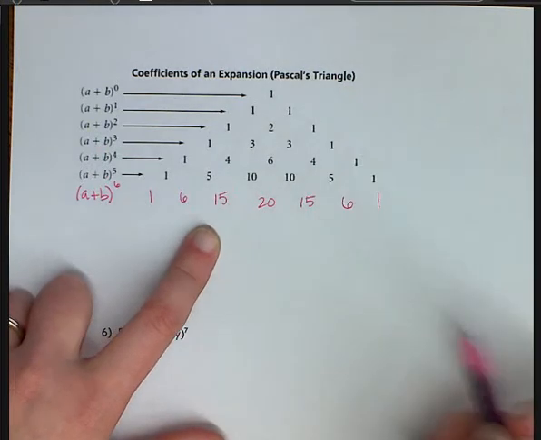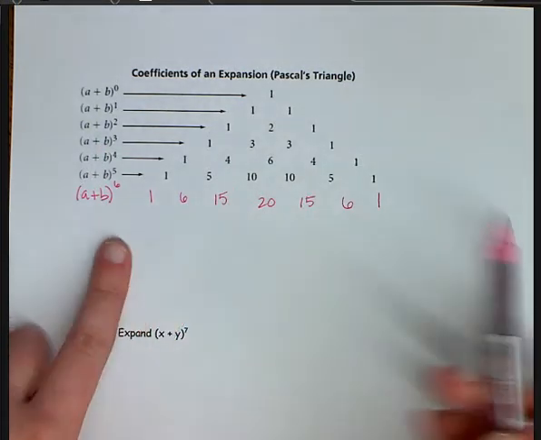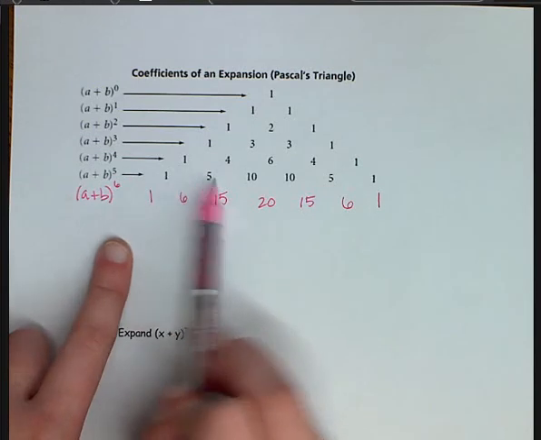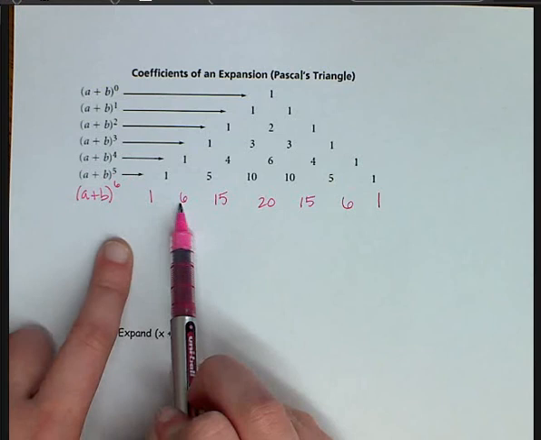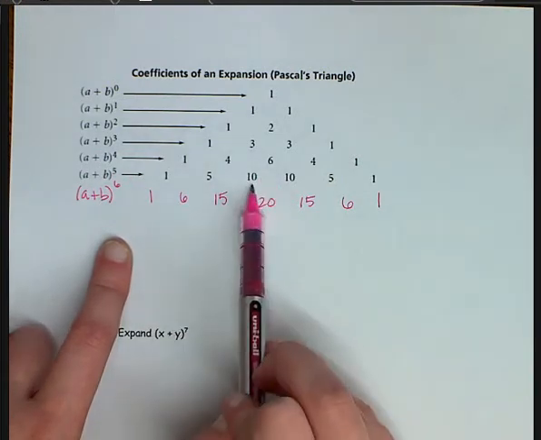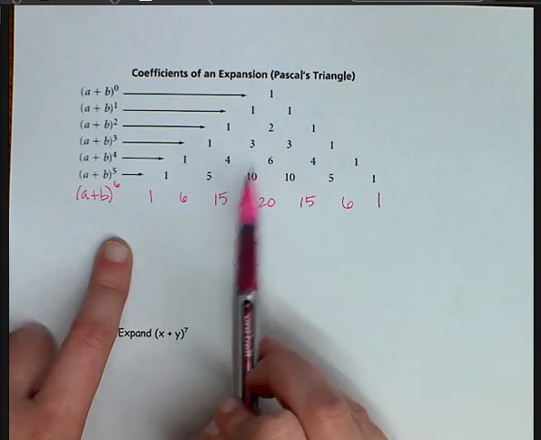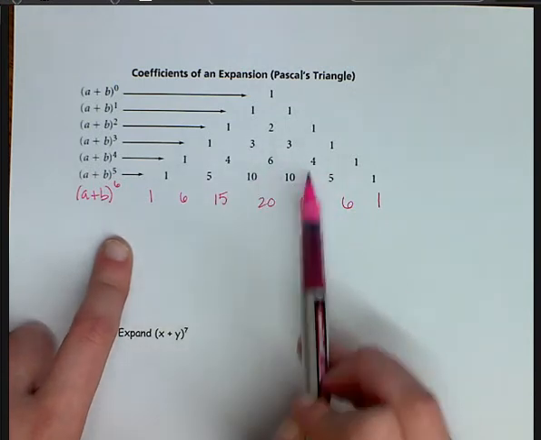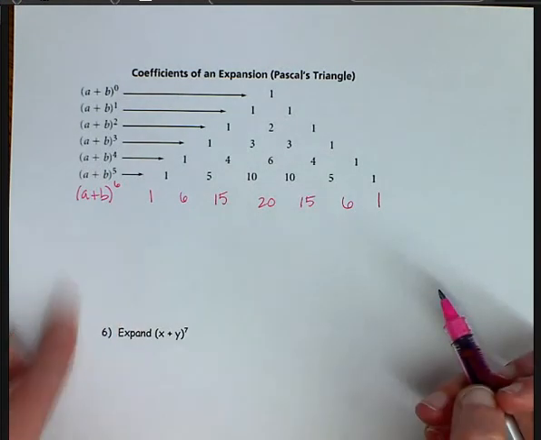Okay, and so what you notice is that if you look at a term and look at the two terms above it on either side, those two terms sum to the term below. Okay, so you can see that 10 is the sum of 4 and 6. 6 is the sum of 3 and 3. 4 is the sum of 3 and 1.